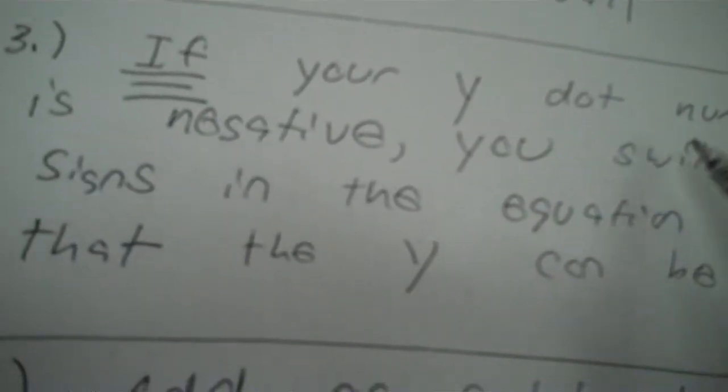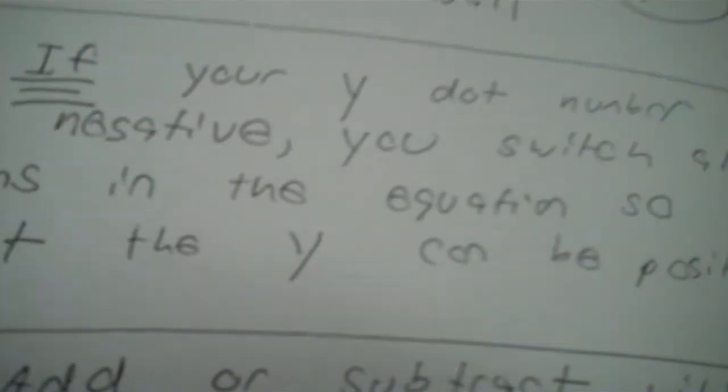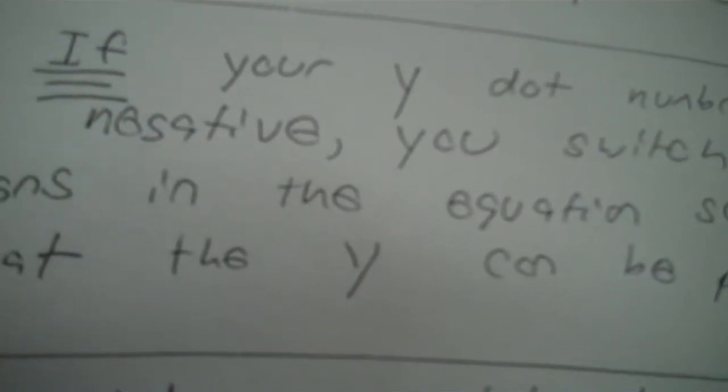Okay, now, if your y dot number's negative, you switch all signs in the equation so that the y can be positive. For the sole purpose of that y multiplying number, the dot number being positive. Well, is it negative? Yes, it is, okay? It is negative. So I'm going to make the one opposite into a negative.